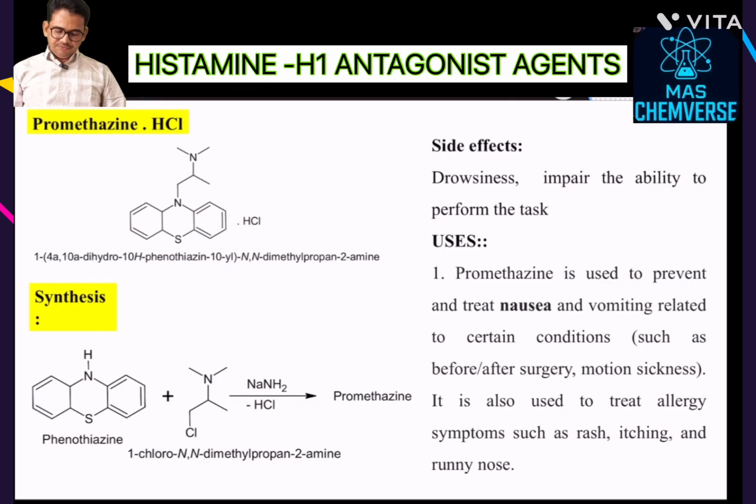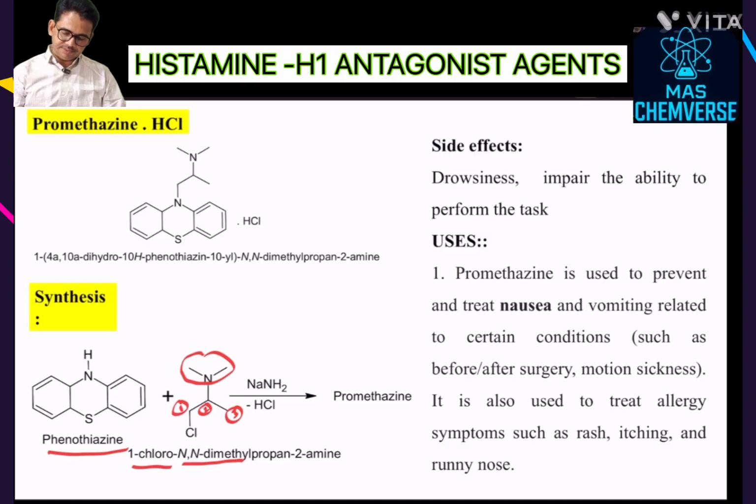Now see, when it comes to the phenothiazine synthesis, very simple. We are taking the phenothiazine, okay, then it will be treated with the side chain. What is there in the side chain? You might be observing here. This is the 1 carbon. This is the 2. This is the 3. Then what we are writing? 1 chloro means first position chloro. Then this is NN dimethyl. 3 carbons.